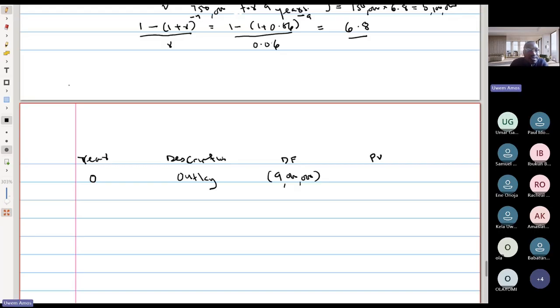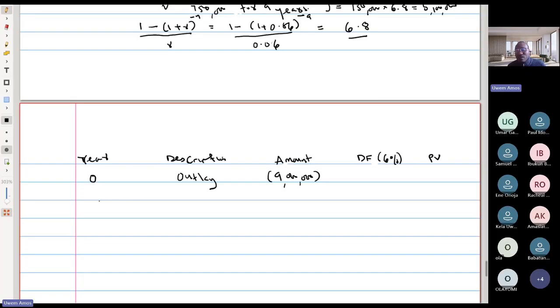Okay, sorry, let me add a table. Let me put the amount and then the discount factor after that. So this would be the amount. Let me extend the table a little bit. Okay. So this would be our discount factor based on our 6%, and this will become the present value. Okay.